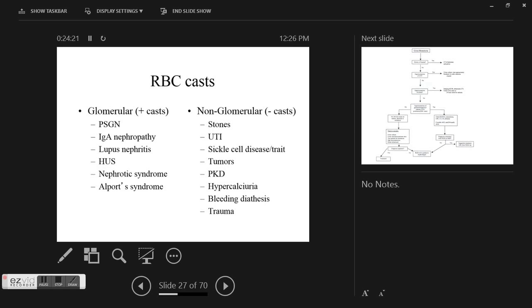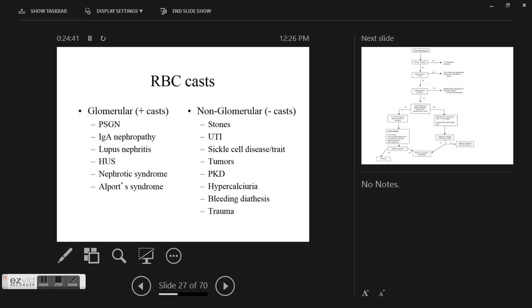Non-glomerular, think lower tract, think non-renal, and think tubular. So non-glomerular causes: stones, UTI, lower tract, sickle cell, tumors, trauma, bleeding, not renal. So think of it that way.